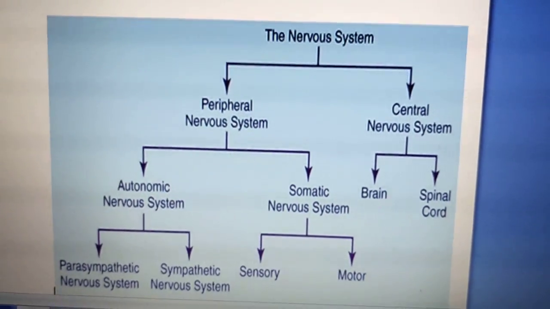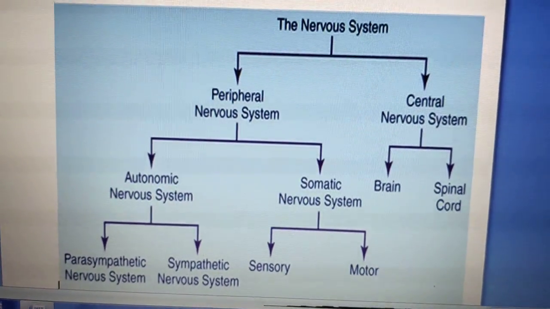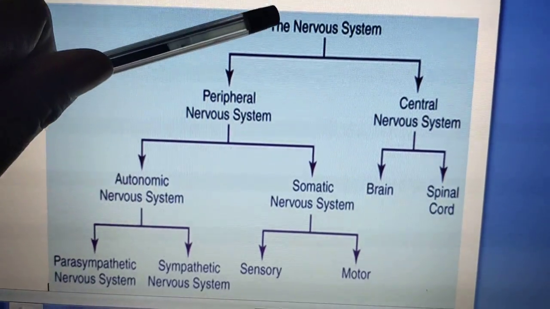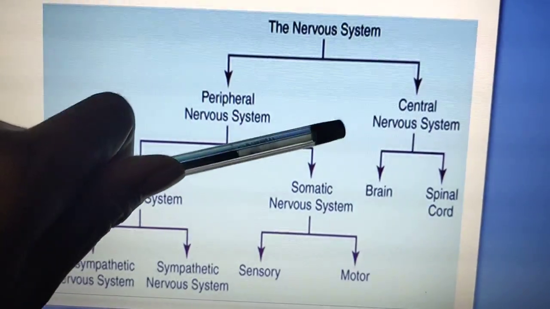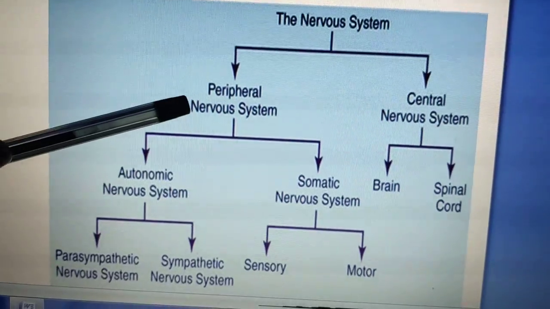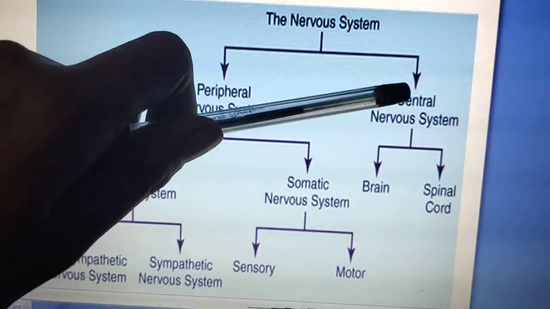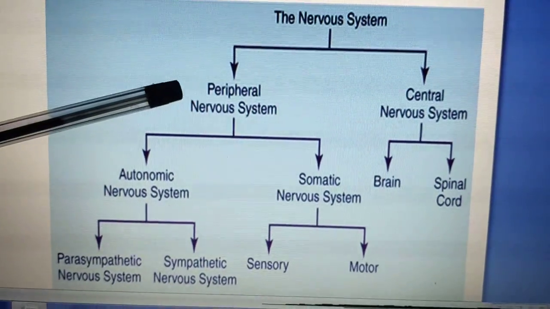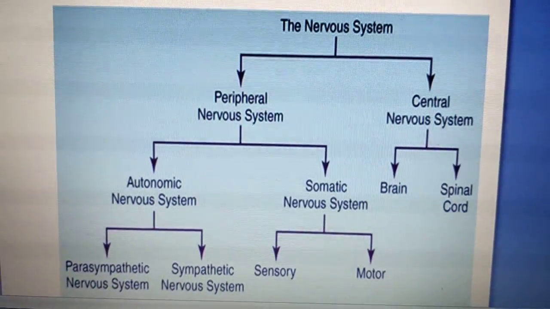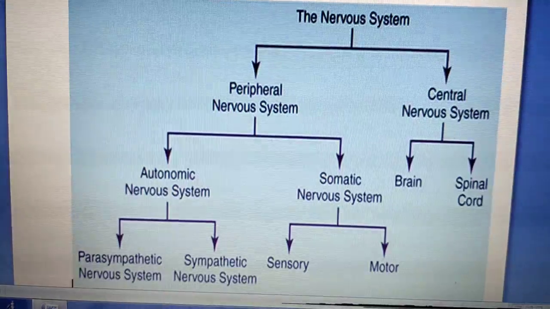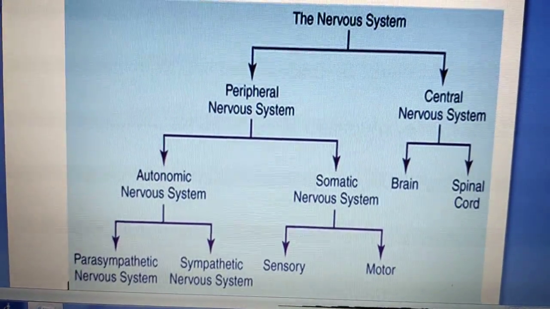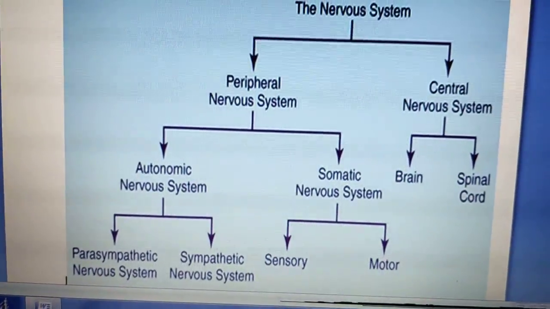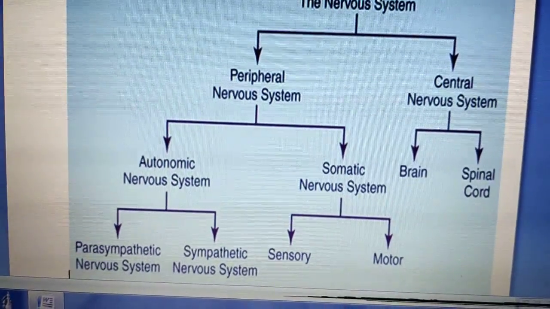So for your better understanding, we're going to divide it into two categories. The nervous system is composed of the central nervous system and the peripheral nervous system. Central means the main. Peripheral means out of the center, the boundary, the edge. We can say like that.